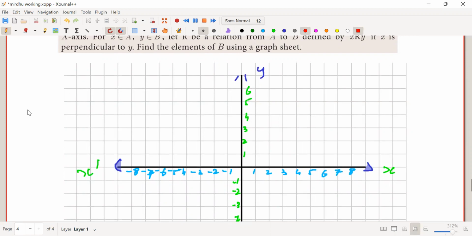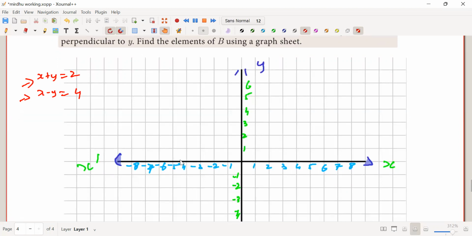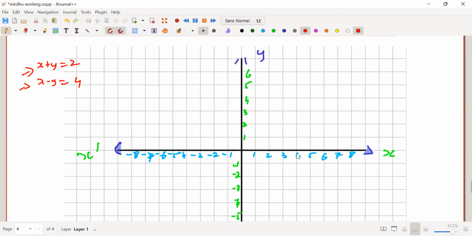We have the equation of a line as x plus y equal to 1. You came across this? Set of linear equations: x plus y equal to 2, x minus y equal to 4. Definitely you would have got this in algebra. This represents a line. You are familiar with the points now.